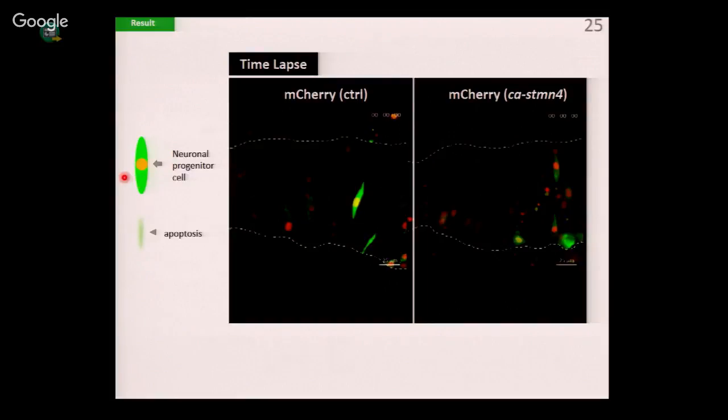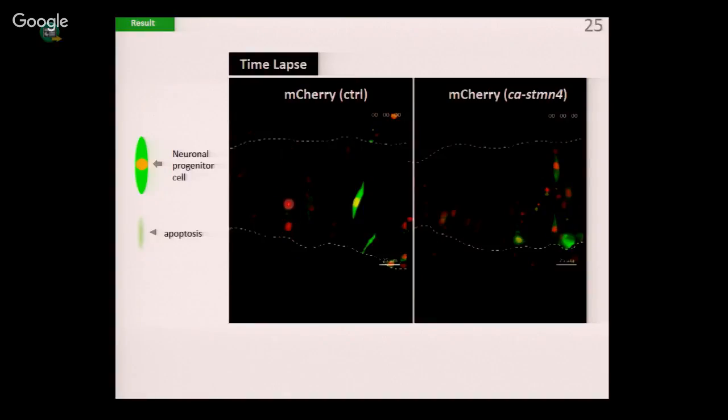Therefore, the neuronal progenitor cells are shown in green cytosol and yellow in the nucleus. It represents a live cell which expresses STEM4, and it will be indicated by an arrow in the video. If the green fluorescence is weak, as I draw here, this represents apoptotic cells, and it will be indicated by the arrowhead in the video.